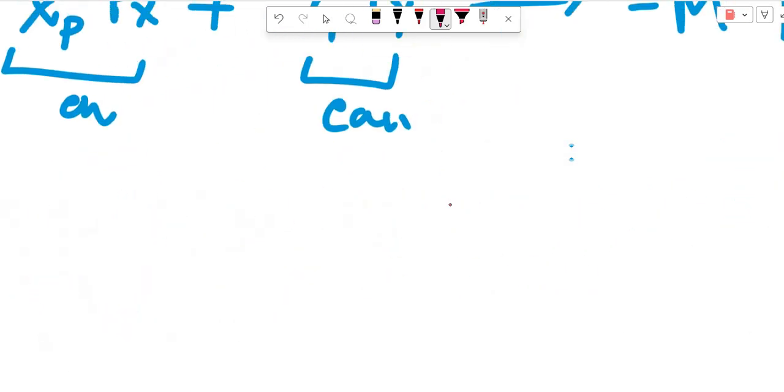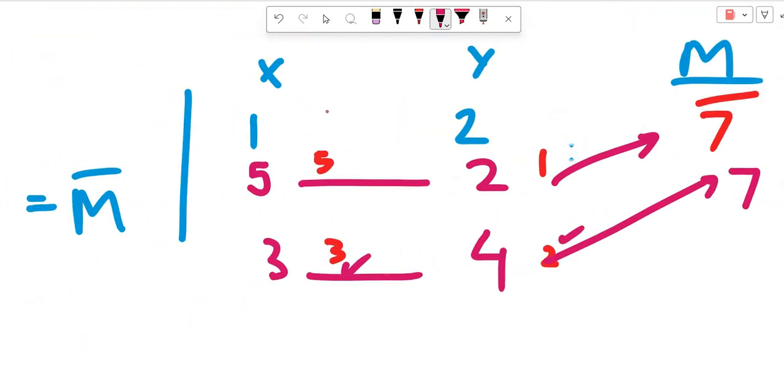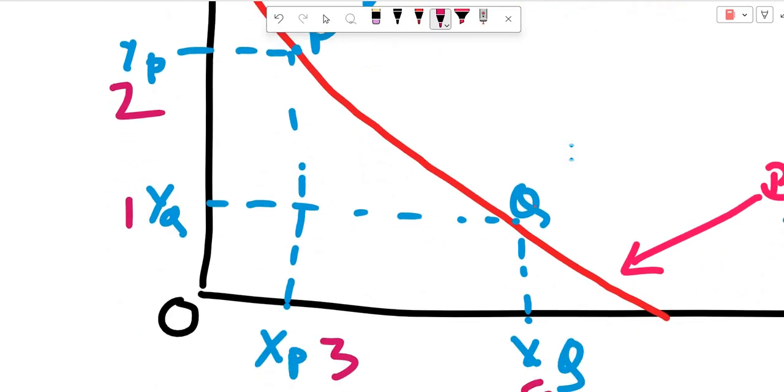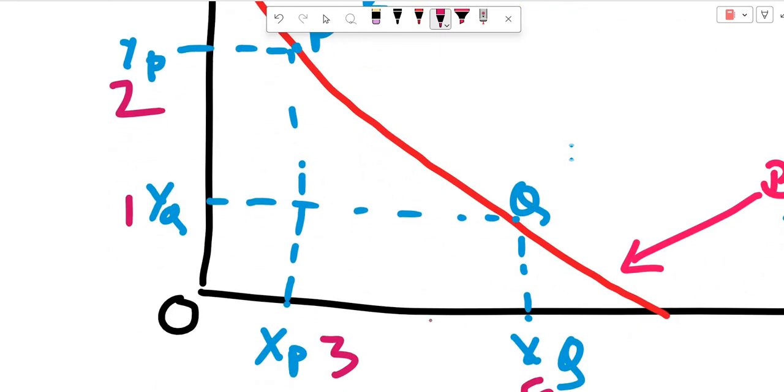Note that initially you bought more X. As you move from this point to this point, the amount of X decreased, but the amount of Y increased. So the savings that you made by not buying X, you actually spend on Y. That is the idea of budgeting, right? You decrease one and you increase the other, or you increase one and you decrease the other. The same idea also holds here.